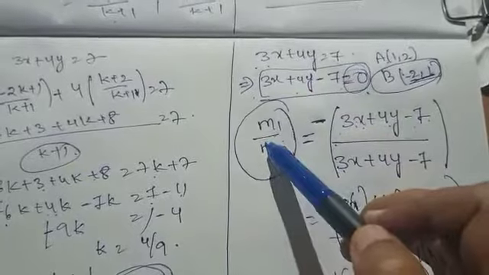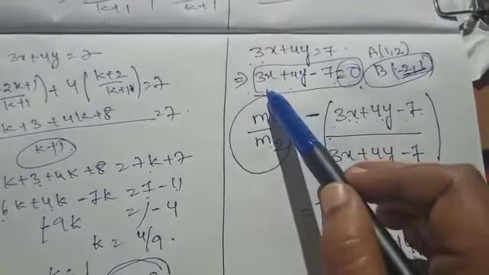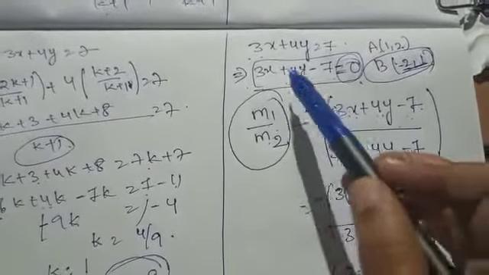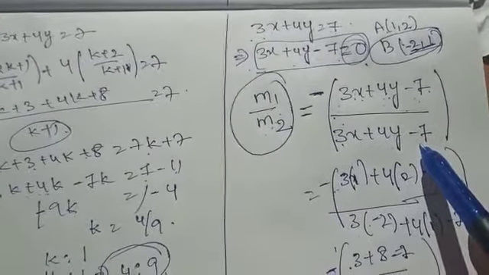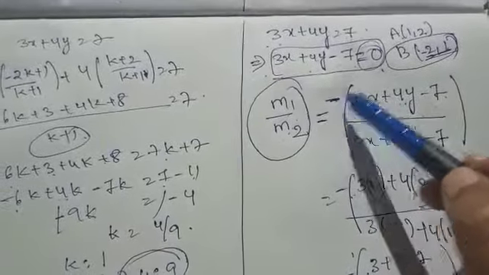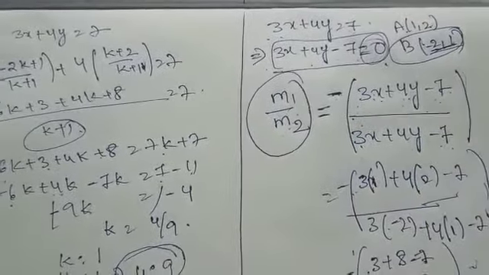Here we have to find the ratio m1 by m2: (3x + 4y - 7) / (3x + 4y - 7), and put a minus sign in front of this fraction. This is the shortcut.